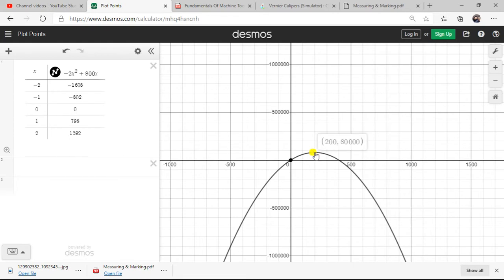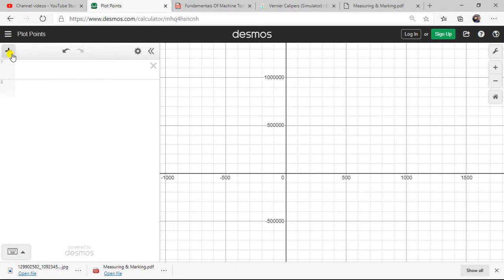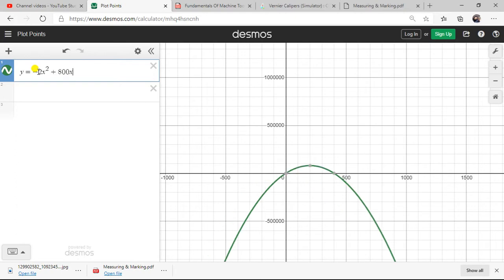Take note that our goal is to have a maximum area, because the points below this vertex have smaller area. Sorry, I need to input again. Y equals negative 2x squared plus 800x. Okay, here we see the vertex, 200, 80,000.